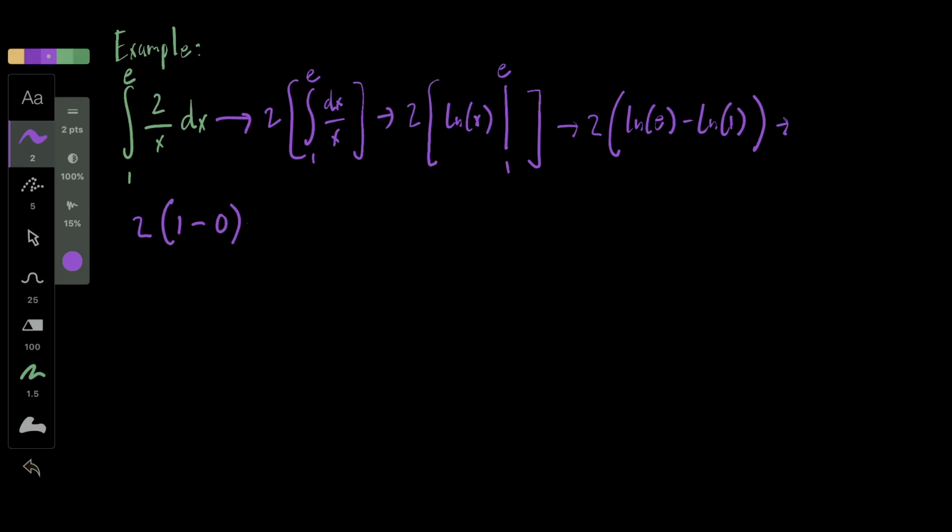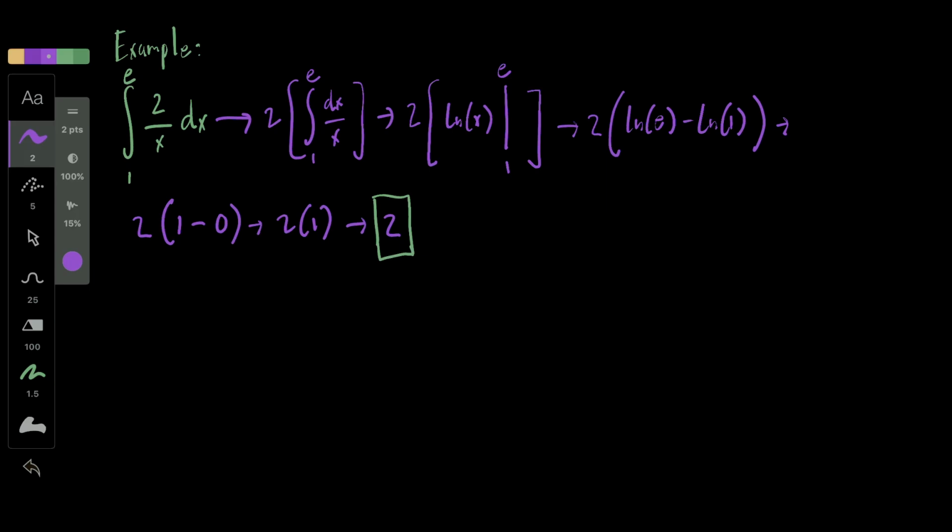So this is just equal to 2, and that's the answer to our first problem. As you can see, that is a relatively simple integral to evaluate, and while this can get more complicated as we add more and more techniques, this is about what I'm going to show you for now.